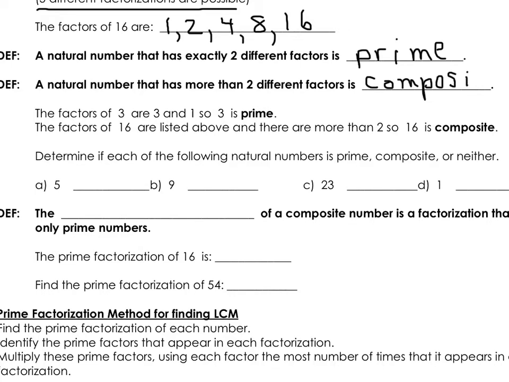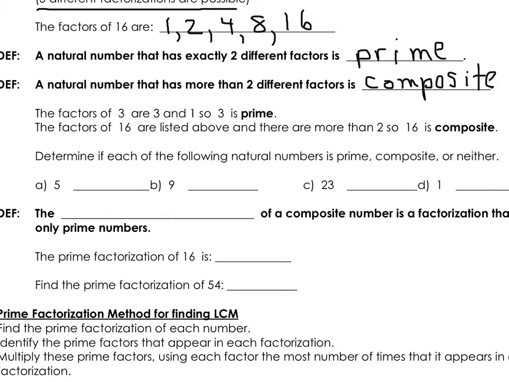I like to think of it as being composed of more than just the 2 numbers. The factors of 3 are 3 and 1, so 3 is prime. The factors of 16 are 1, 2, 4, 8, and 16. That's more than 2 factors, so 16 is composite.